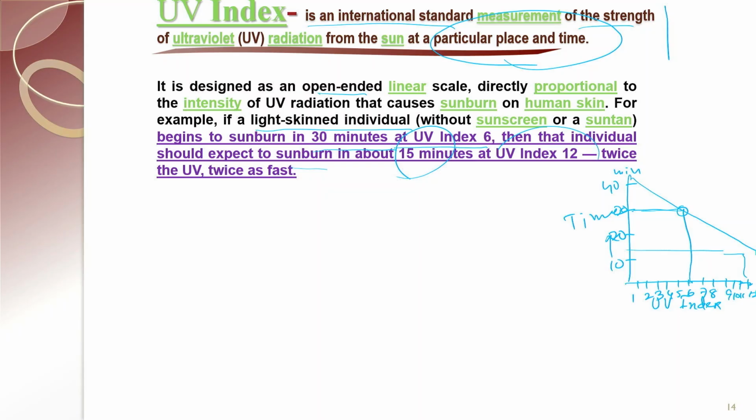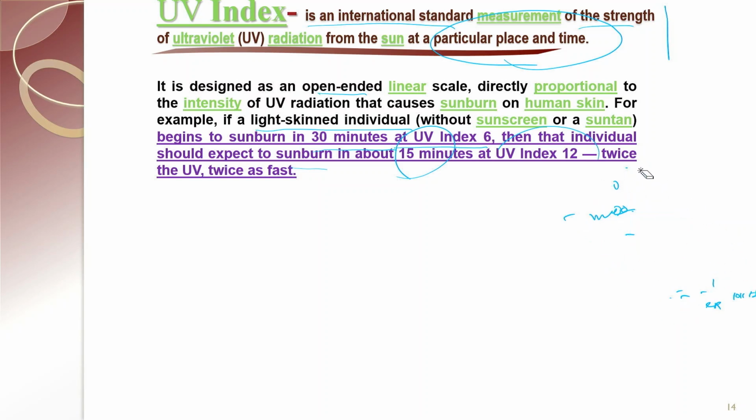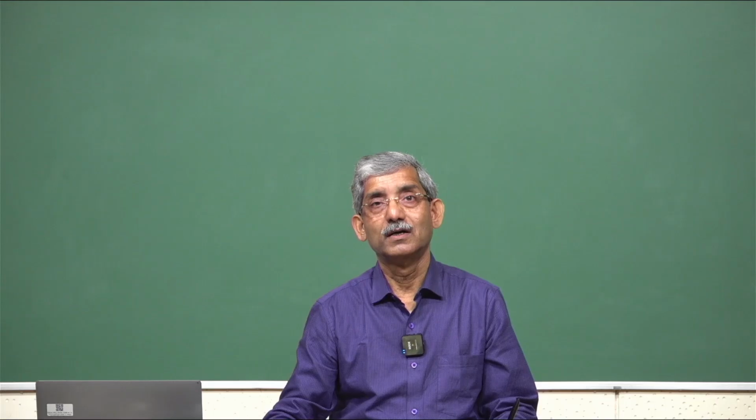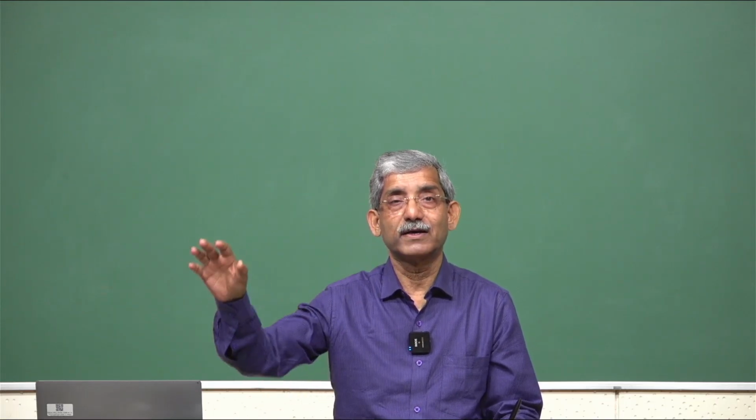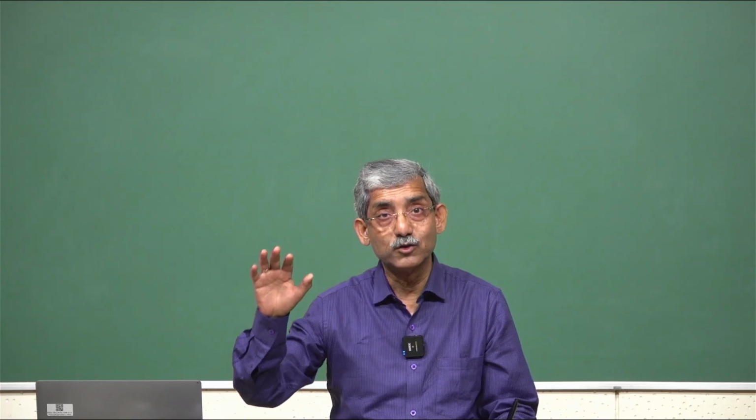So, at 12 UV index, that means twice the UV energy is there, he will get the similar sunburn at half of that time. So, that is the linearity of UV index. Accordingly, we can get our exposure if we know the UV index at different times, different zones.